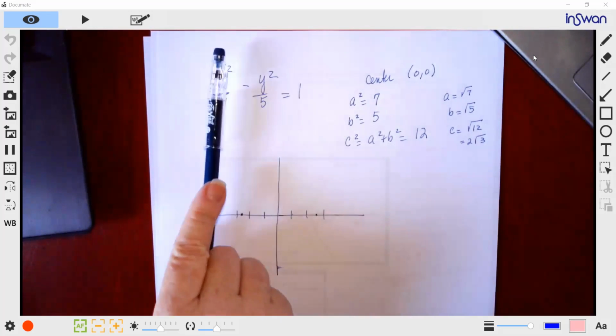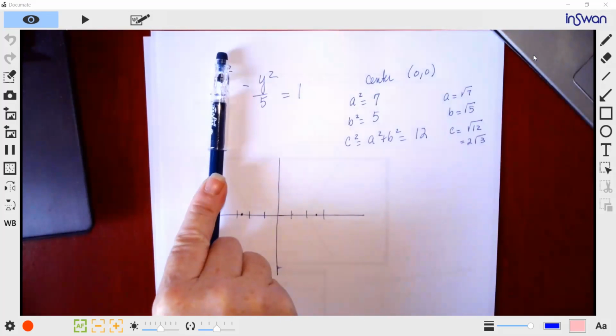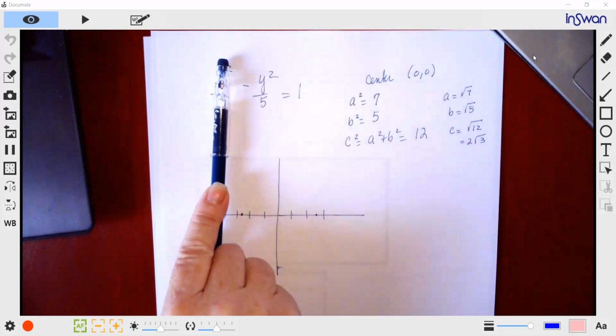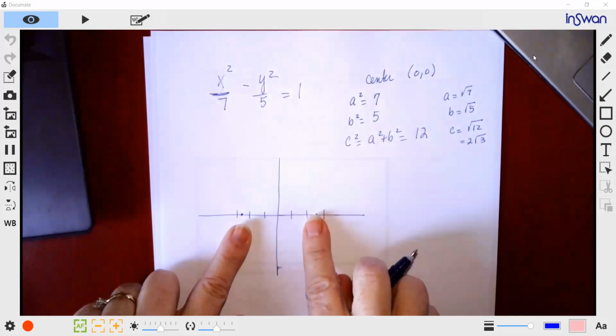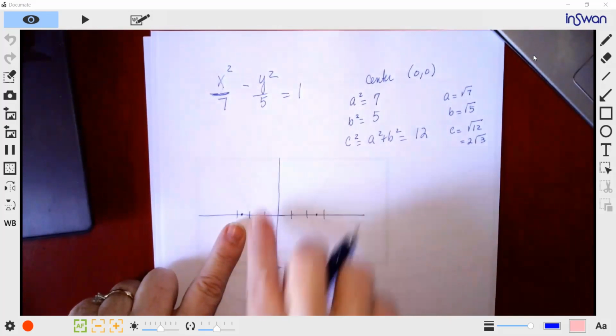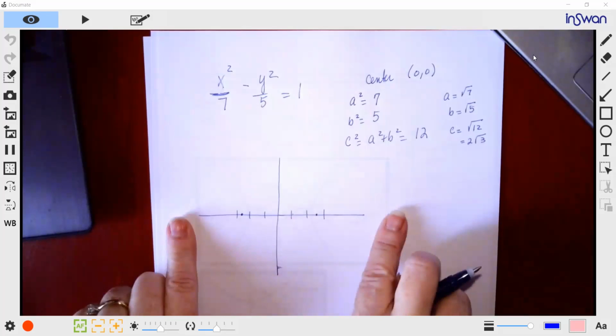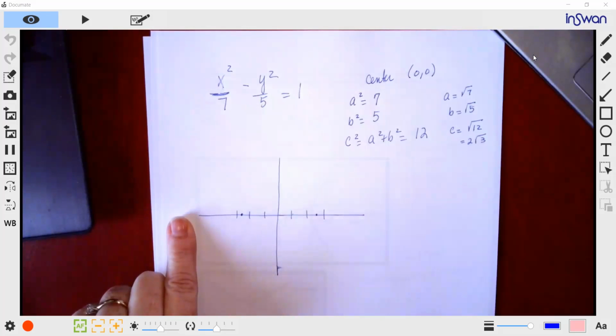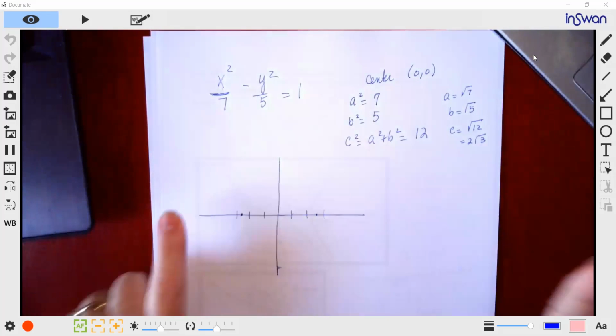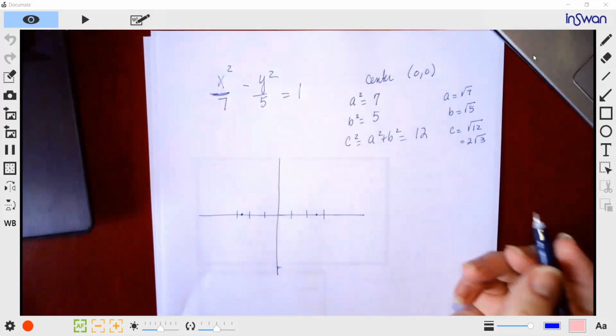But if I make x equals 0, that would give me y squared equals negative 5, which is not a real number. So I can't make x equals 0. So this is not going to have a y-intercept, so it's going to have to open sideways. Or you can just memorize that when the x squared term is positive, it opens sideways. Either way will be fine.